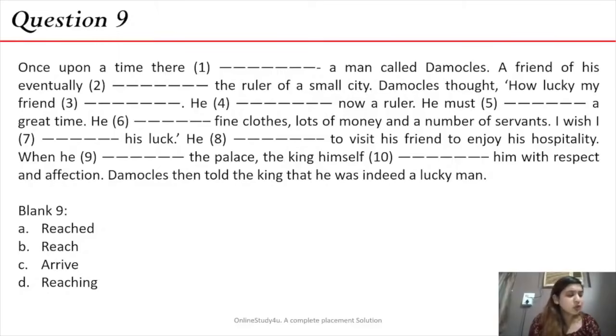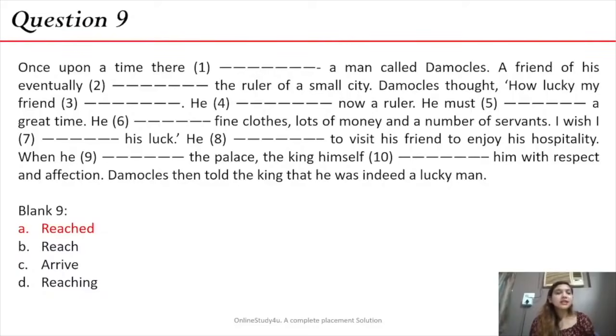I want you guys to quickly tell me what your answer is for blank 9. Okay, I see a lot of A's coming in. Superb, I'm so happy you guys are all so nice and brilliant already. When he reached the palace, the king himself, whatever, we will look at that, okay?